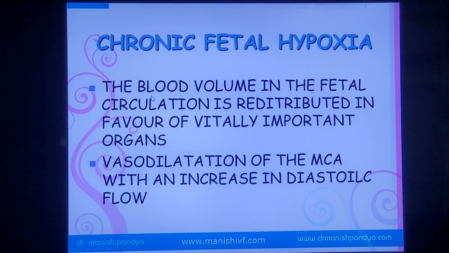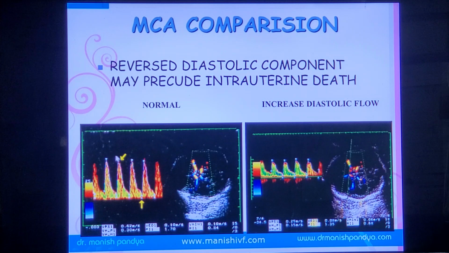In chronic fetal hypoxia, the blood volume in the fetal circulation is redistributed in favor of vital organs. Vasodilatation of MCA with an increase in the diastolic flow. So this is normal MCA and this is abnormal MCA. Now compare. I had shown you this abnormal MCA. It looks like the umbilical artery.